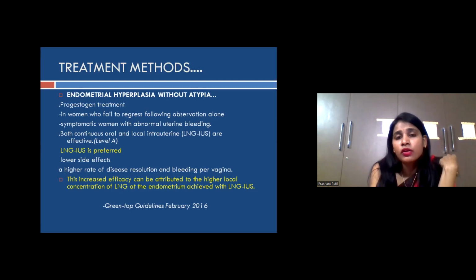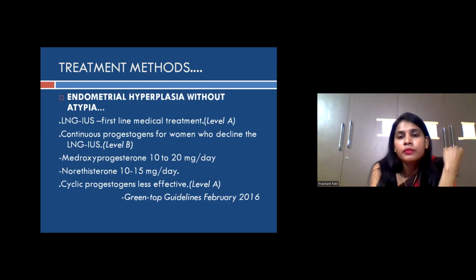So that is why always in endometrial hyperplasia without atypia, the first line treatment will be medical management with progesterones. Preferably, LNG IUS will be the first line. With oral progesterone, we always need to put them on continuous progesterones in case the woman declines or does not want LNG IUS.